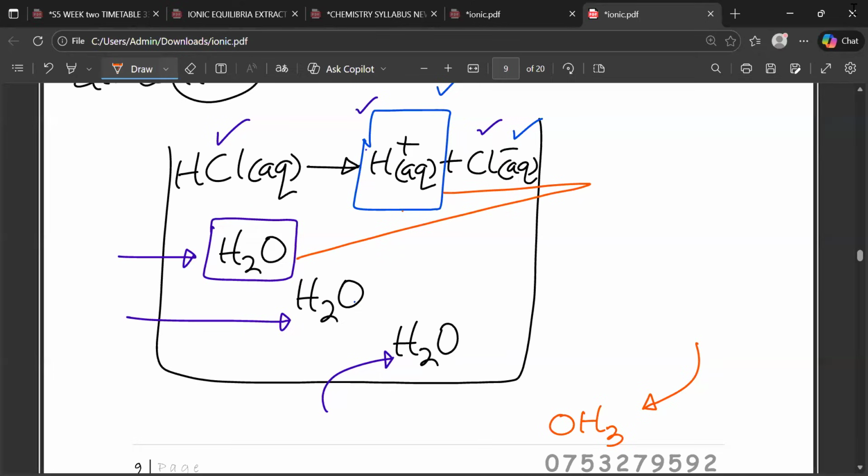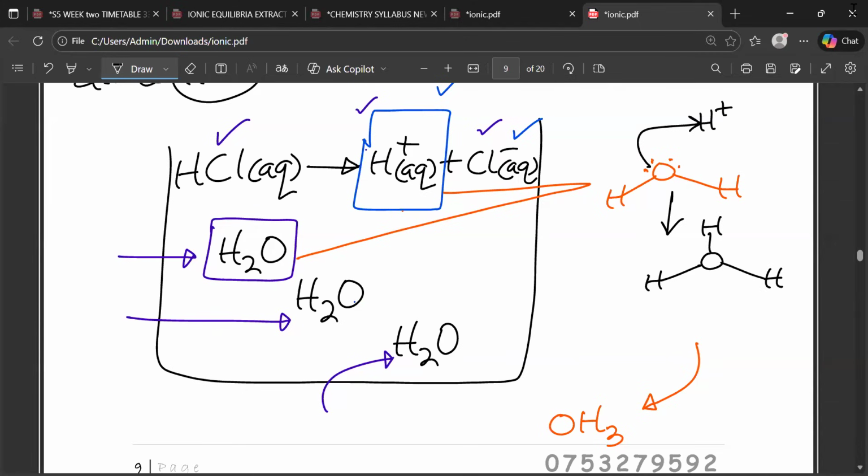We are having the water like that with those lone pairs, isn't it? And it can attract the H plus. You get the point? That's how the water looks. Now, when that happens, you all know we are going to have our O. It will have the H, it will have the H, and it will have the H.